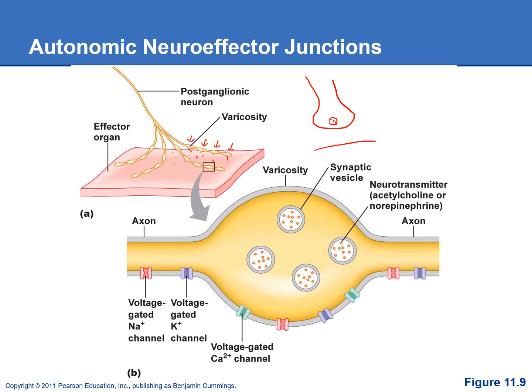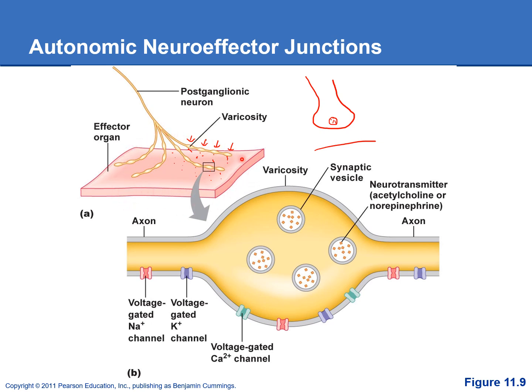And so that would happen along each of these collateral axons. So having these varicosities will allow the autonomic postganglionic neuron to release lots of neurotransmitter over a widespread area over the effector organ.